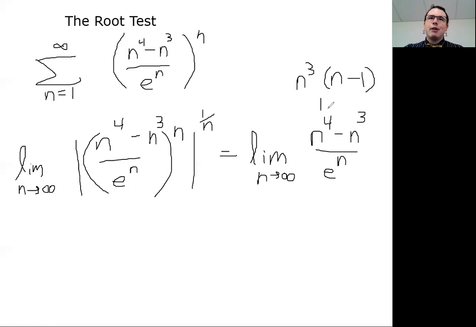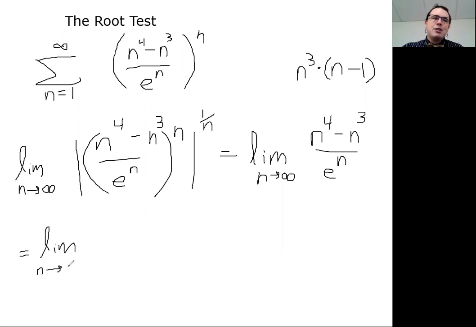So I can rewrite it as n to the power 3 times the polynomial n minus 1. And now both of these factors are going to positive infinity. The product has to go to positive infinity as well. That's my justification that the numerator and denominator both go to positive infinity.